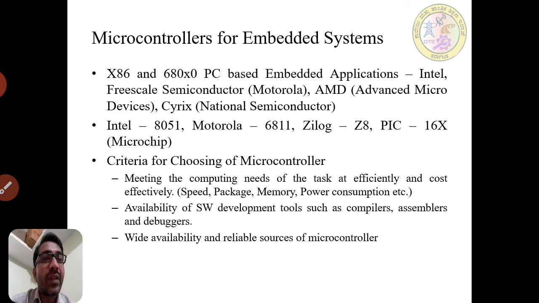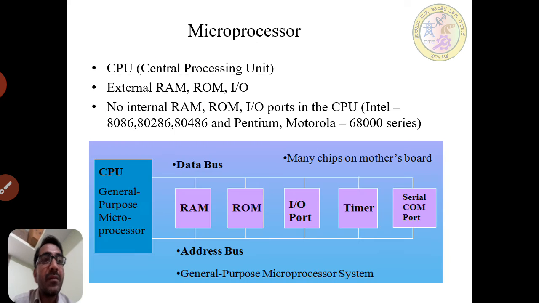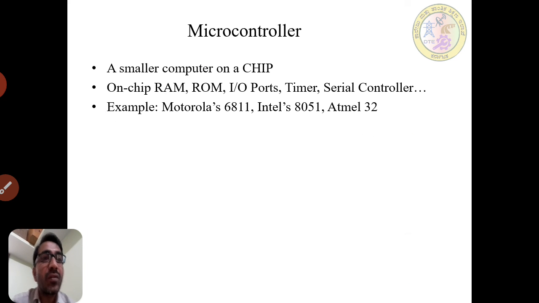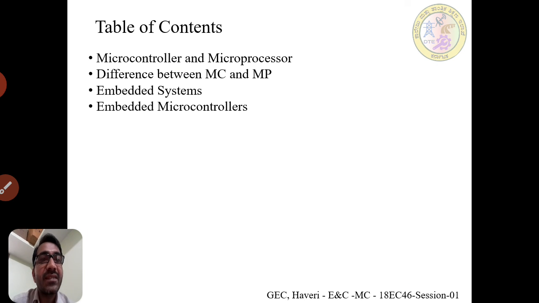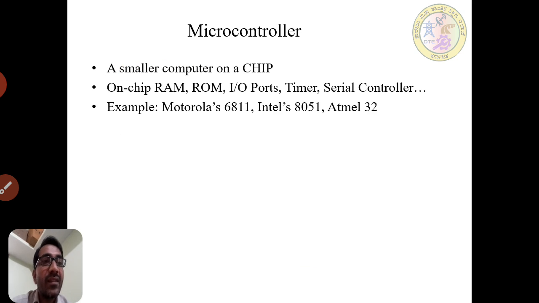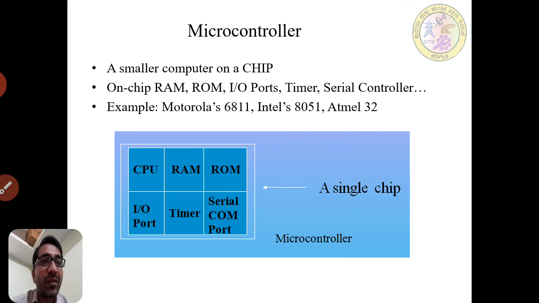Now these are the four topics we have discussed. What is a microcontroller and what is a microprocessor. Both are chips, but the microcontroller has the CPU and within that the built-in peripherals like RAM and ROM.